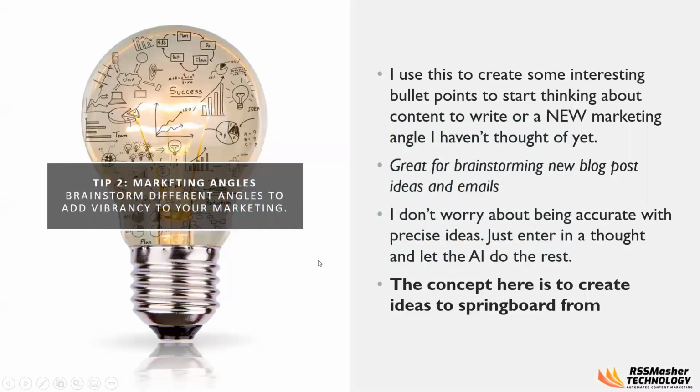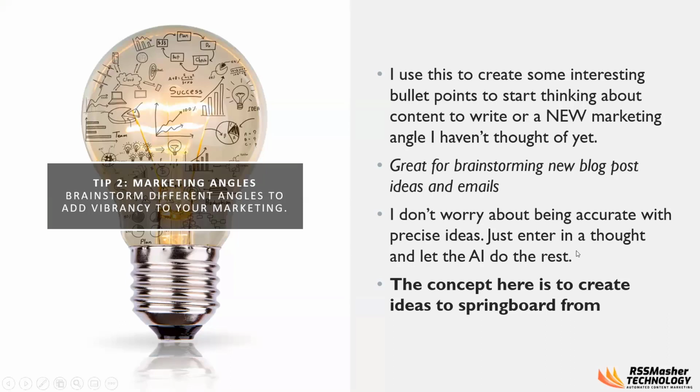Okay, tip number 2, marketing angles. This is a brainstorming tool to get you thinking about different ideas and topics. I use this to create some interesting bullet points to start thinking about writing content or a marketing angle that I may not have even thought of. It's great for brainstorming, and I can take this and go straight to a mind map with it.